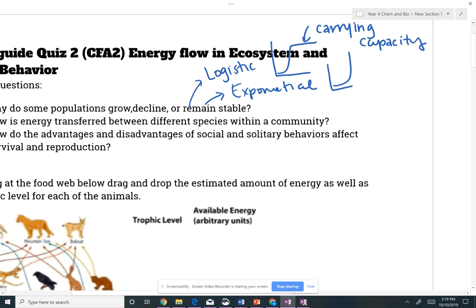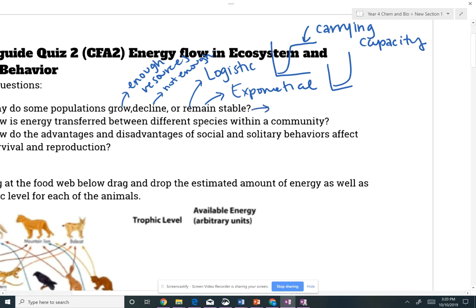Some populations grow because they have enough resources. It really does come down to resources. If you do not have enough resources, your population is not going to grow, plain and simple. You decline because there are basically not enough resources. If there's not enough food, water, space, or mates, any of that causes a population to decline.